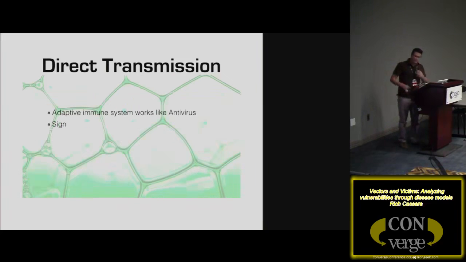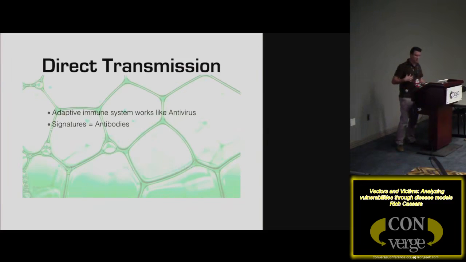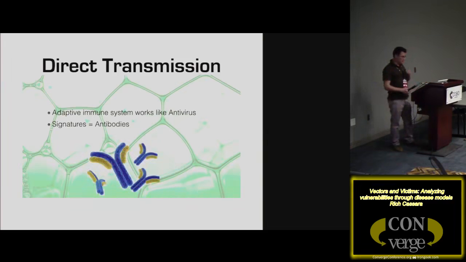And so in this framework of thinking about it, our adaptive immune system, the antibodies that make a specific response to a virus that comes in, are much like an antivirus on your machines. The primitive way that antivirus initially worked is that we would get different virus definitions, which would be a signature like a hash for a specific piece of malware or a virus, and that is just like how our antibodies work.